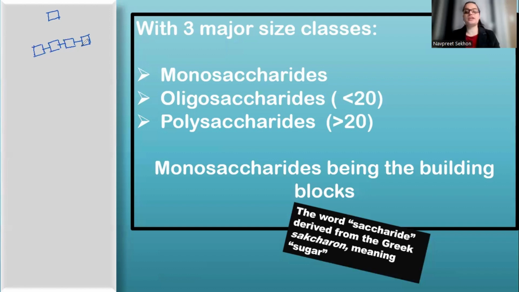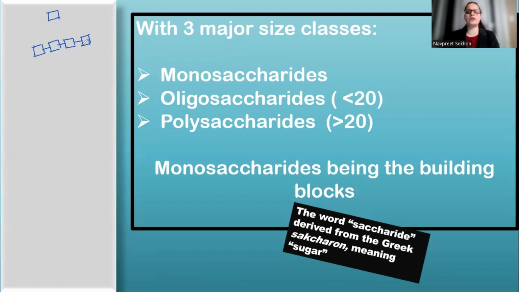But if the number of monosaccharides in these branched or unbranched chains exceeds 20, it usually goes up to hundreds, like 200, 400, 600. There are so many polysaccharides where the number reaches hundreds. They are such big molecules, and all such molecules are called polysaccharides.